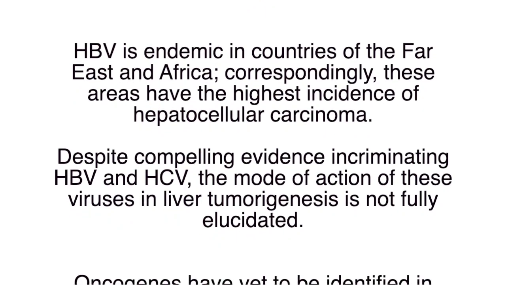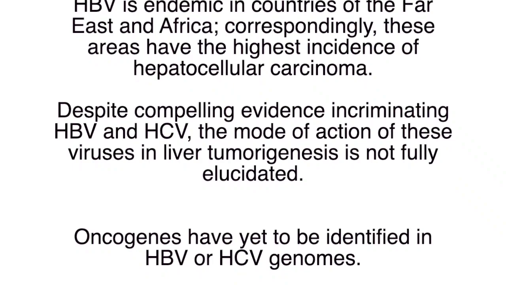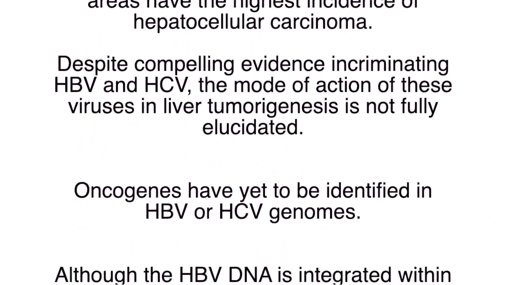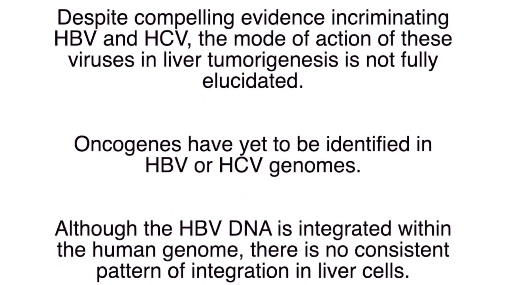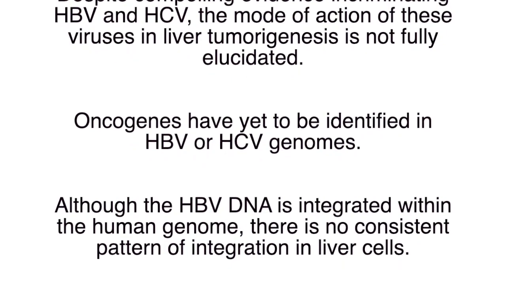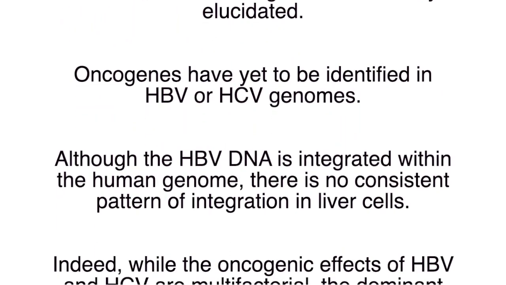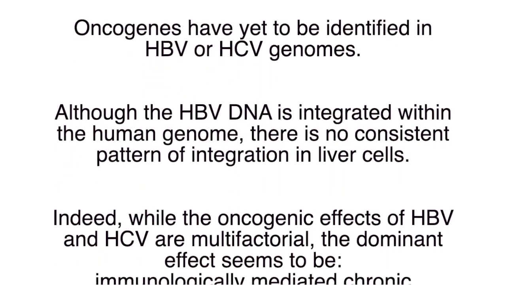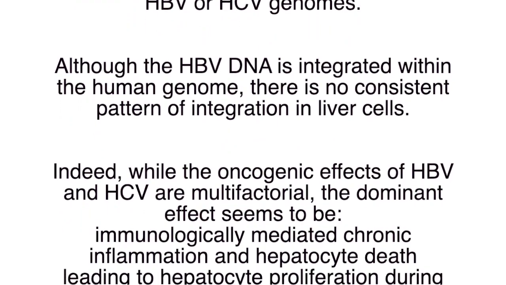Despite compelling evidence incriminating HBV and HCV, the mode of action of these viruses in liver tumorigenesis is not fully elucidated. Oncogenes have yet to be identified in HBV or HCV genomes. Although the HBV DNA is integrated within the human genome, there is no consistent pattern of integration in liver cells.